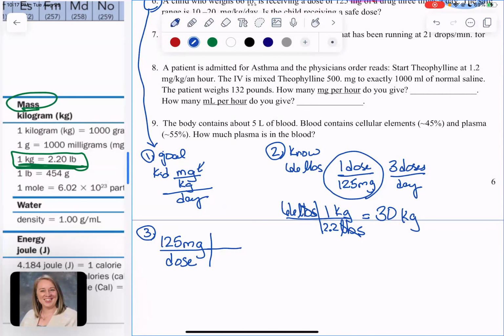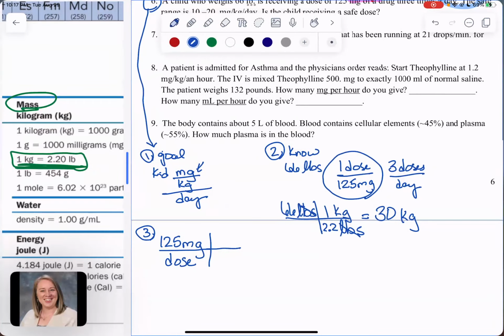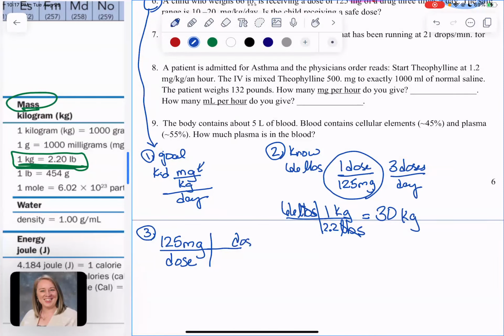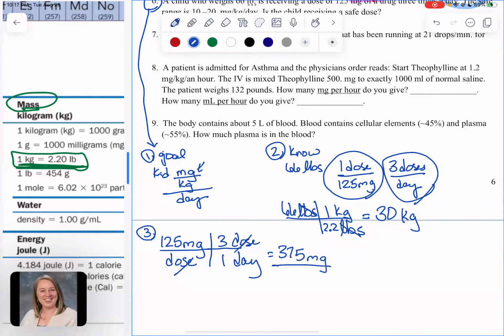We don't want per dose. We want how many milligrams per day that we are getting. And then we're going to work in the kid's weight. So if we want to get rid of dose, we're going to put dose on the top. And we have a conversion here that gives us 3 doses per 1 day. So that tells us 125 times 3, we get 375 milligrams per day. So that's how much this kid is getting.